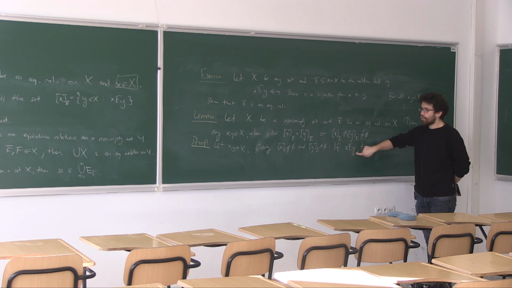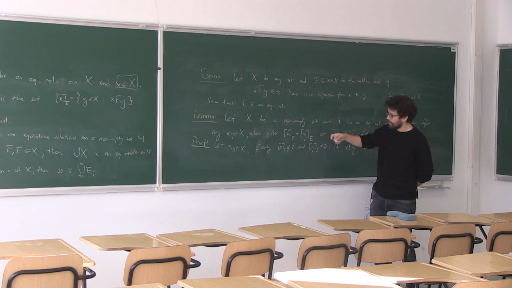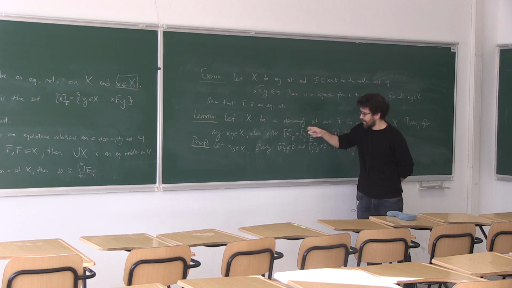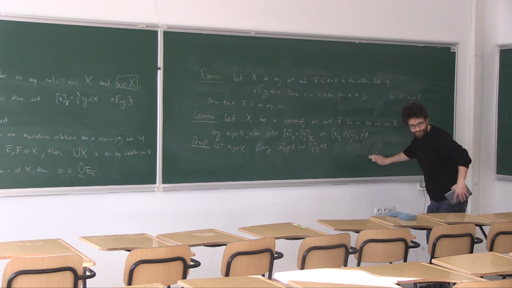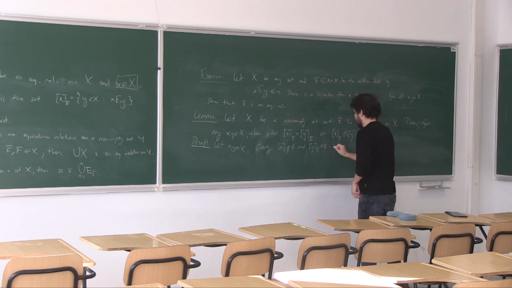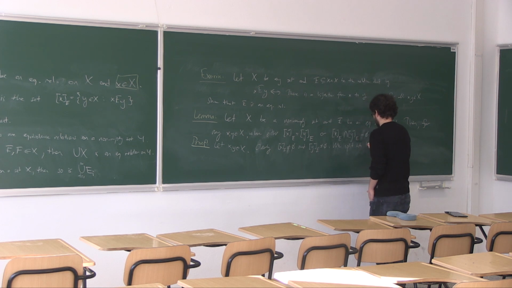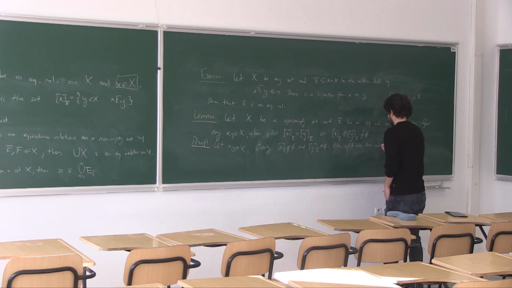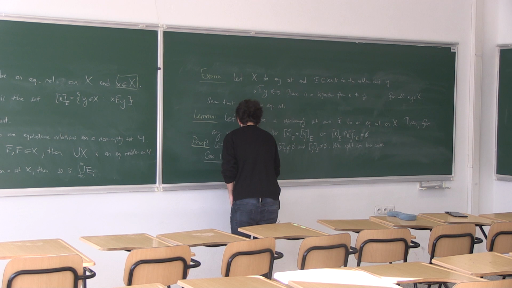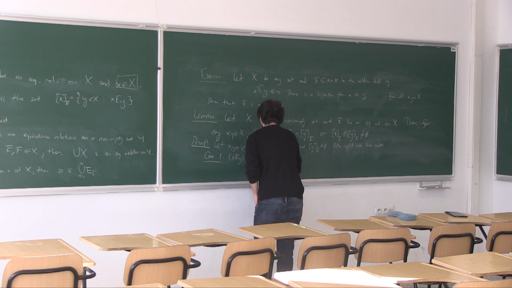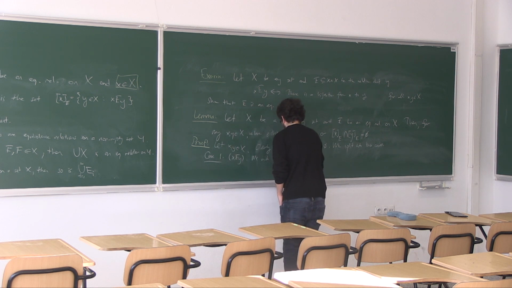Let's say that x is related to y. I want to prove that if this happens, then this is the case. We split into cases. Case 1, x is related to y. Now in this case we wish to prove the following.